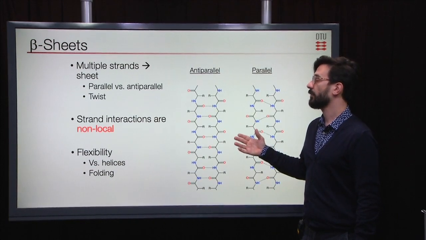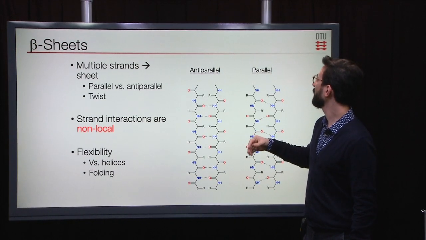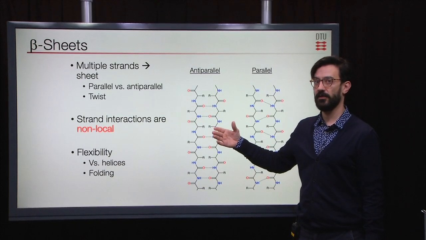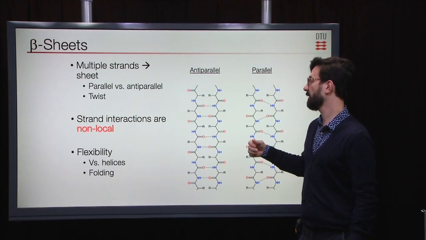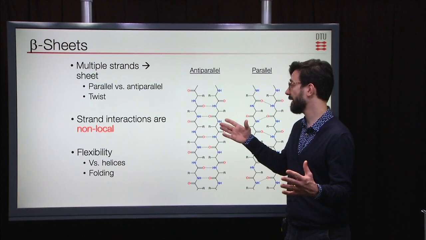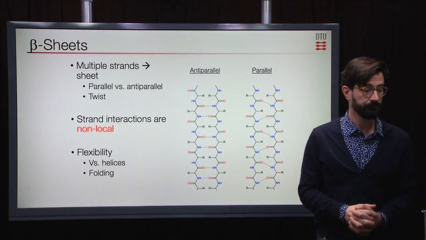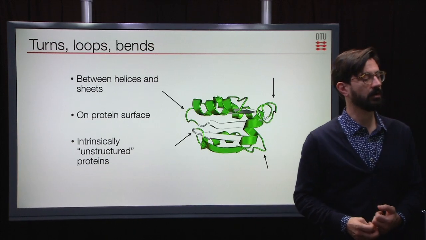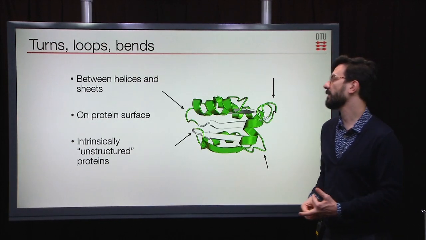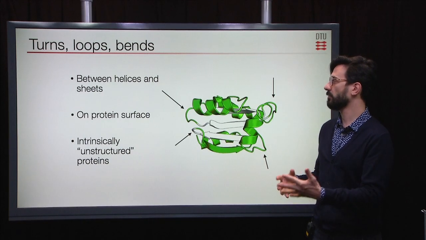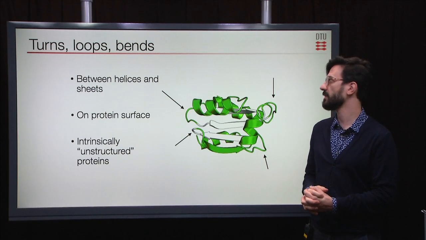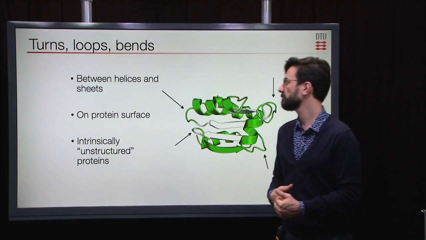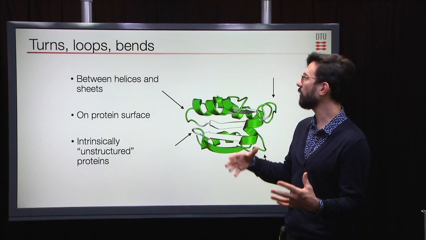This means that in order to form beta sheets, distant parts of the protein in terms of the primary sequence have to come together. We have finally the last element. There are turns, loops, and bends. Practically, whatever is not a helix or not a sheet is defined as a loop or turn or bend.